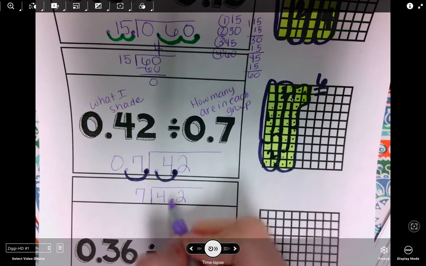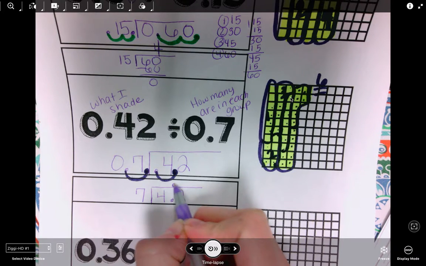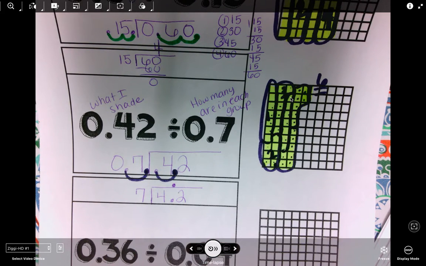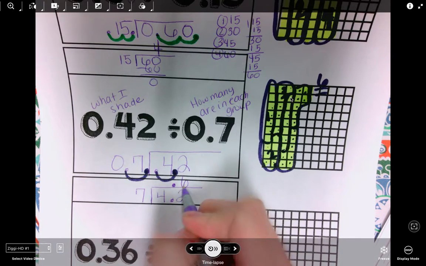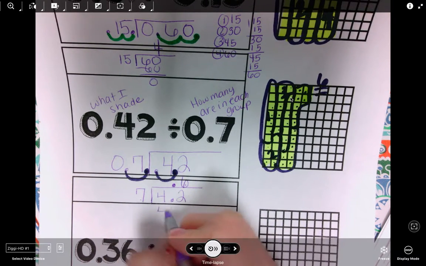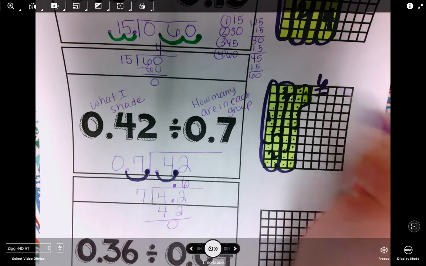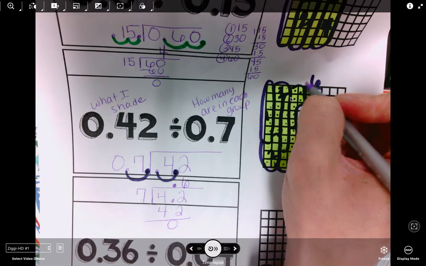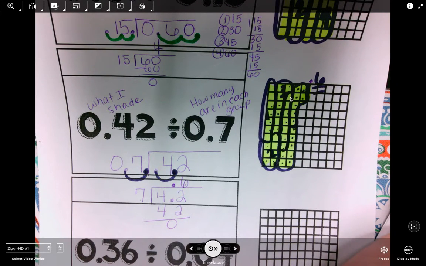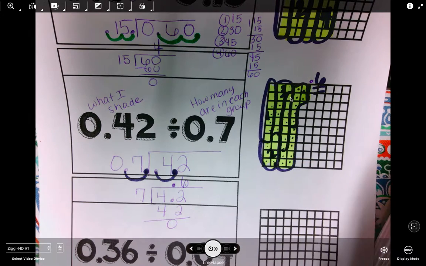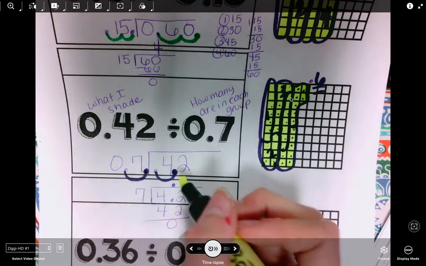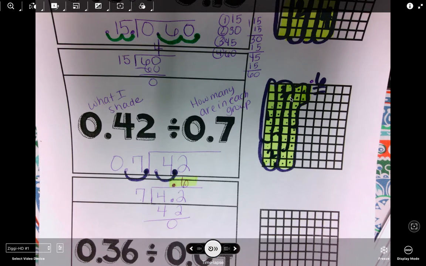Now that we have a whole number, we can bring our decimal straight up. 7 doesn't go into 4, but it goes into 42 6 times. 6 times 7 is 42. So we get 6 tenths. I apologize, over here we have 6 tenths. So our answer is 6 tenths.